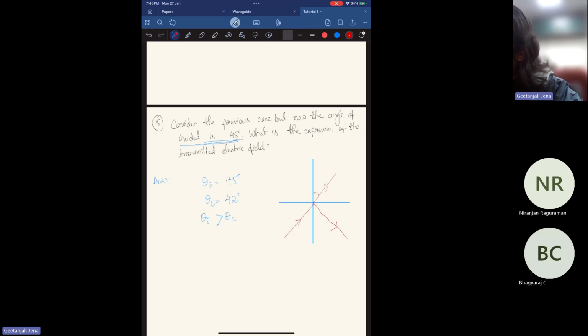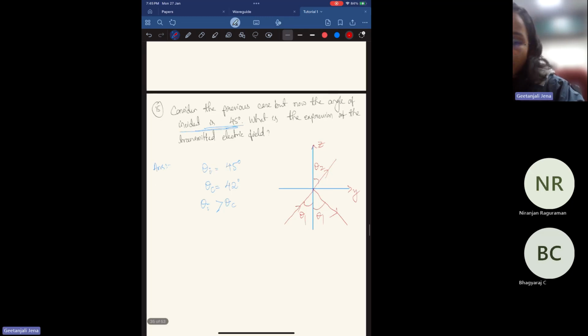So this angle of incidence is equal to the angle of reflection, and this is theta 2. Now for the transmitted wave, instead of getting a sinusoidal term, we will get an exponentially decaying term. Let us see how we can calculate it.